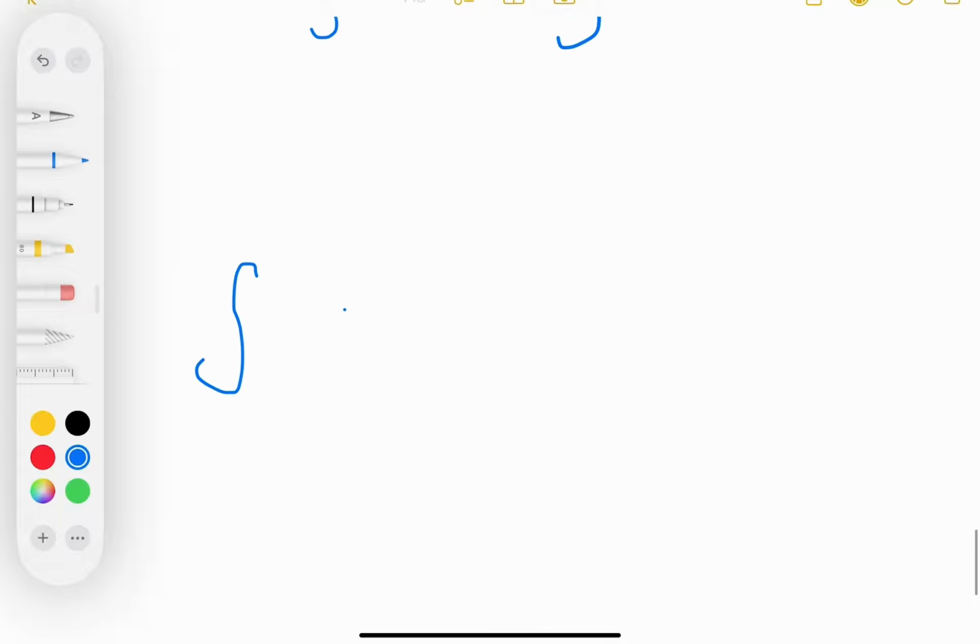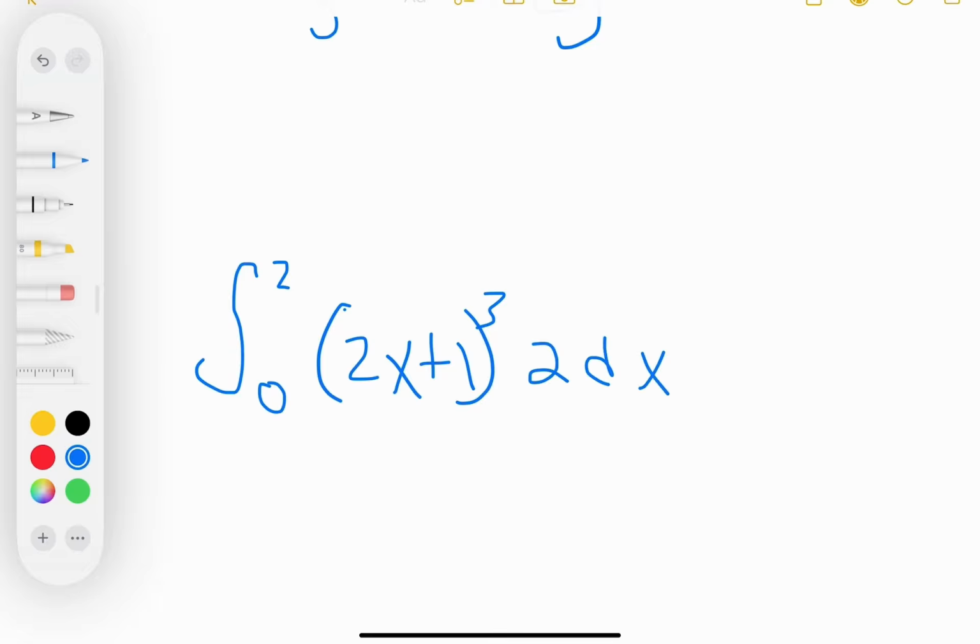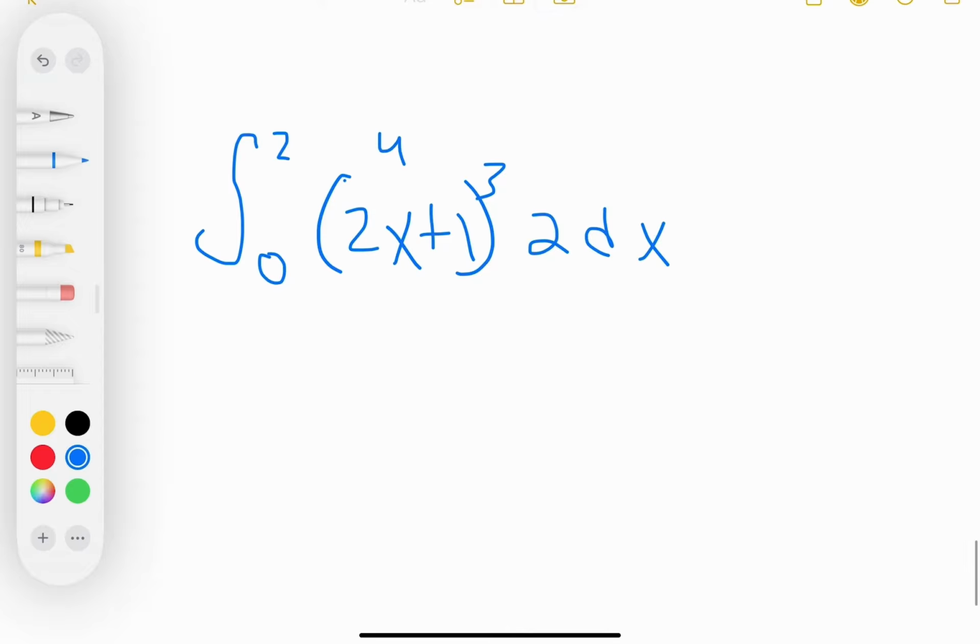So we're going to do the integral from 0 to 2 of (2x plus 1) cubed dx. Okay, so I'm going to choose my u. Inside the parentheses, u will be 2x plus 1.